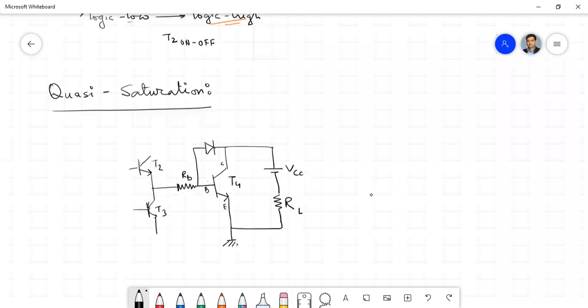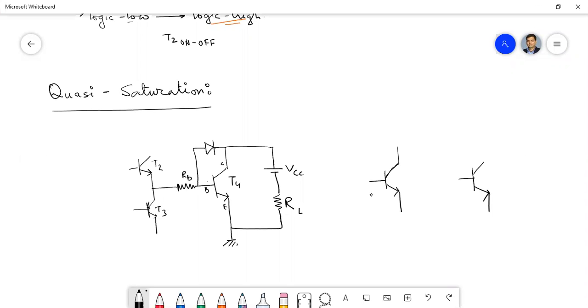If you can remember, you just tell me. In the active region the transistor is not yet fully switched on. When the switch is fully switched on, that region is called the saturation region.